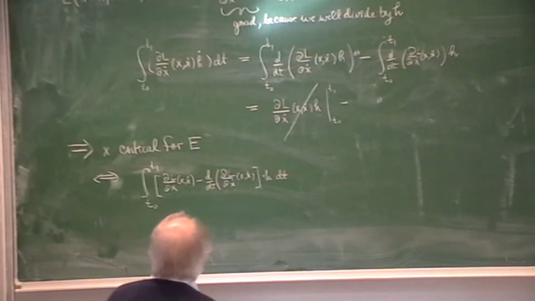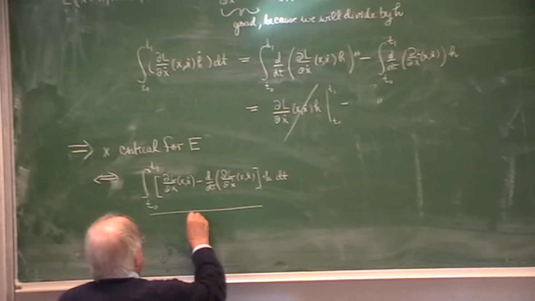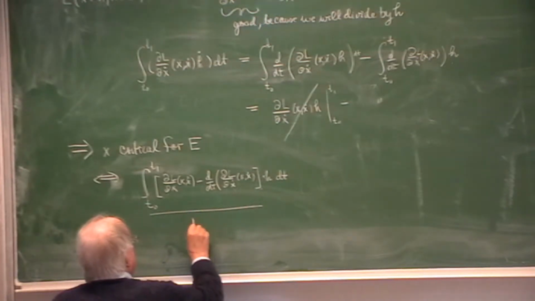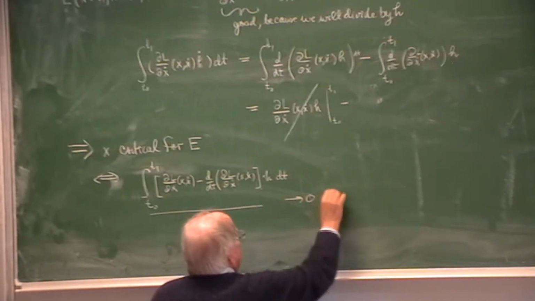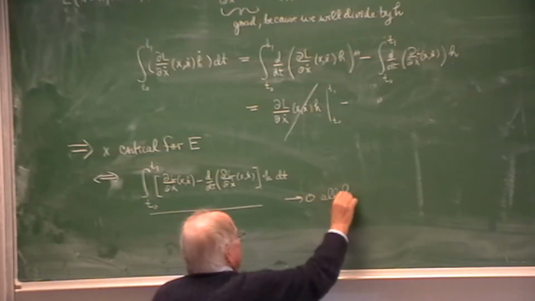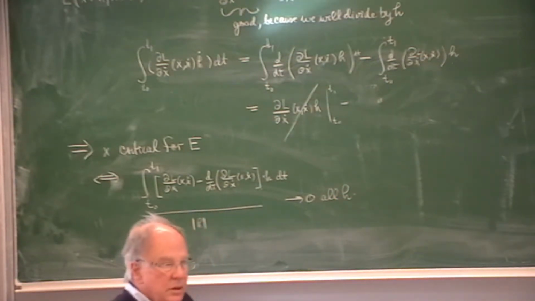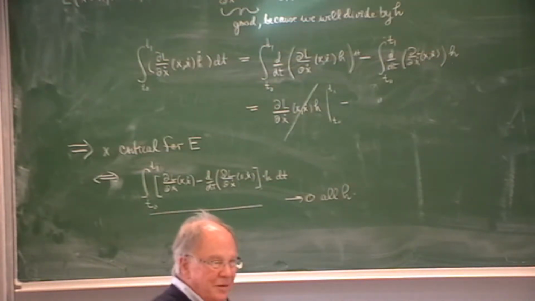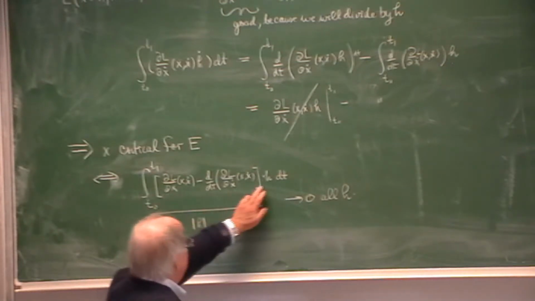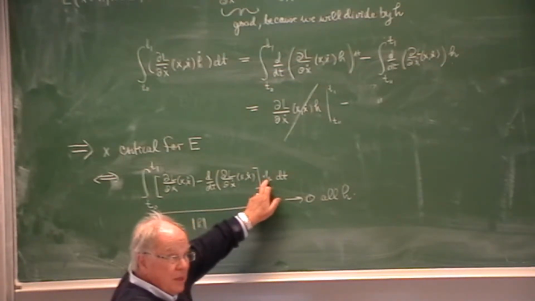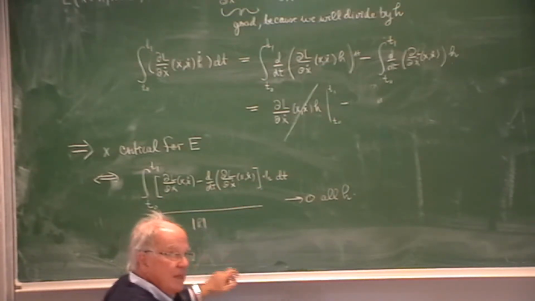But for example, let's put here the norm of H, some sort of norm of H goes to 0 for all H. And now I'm not dividing by it, I'm just saying this has to be small. And so what does that say here? You've got H involved here, right? So that says that H is free for me to choose.